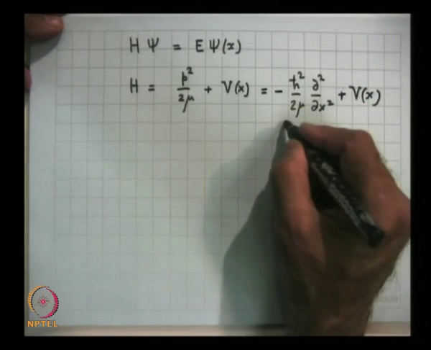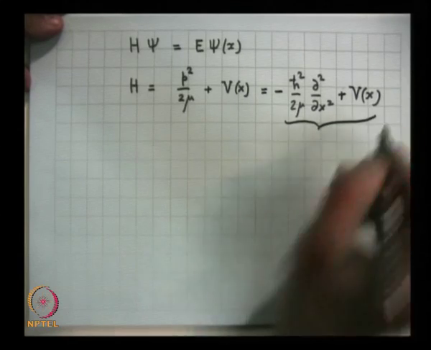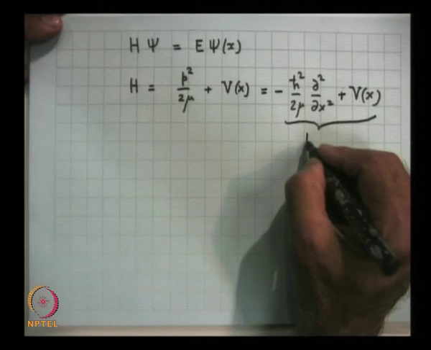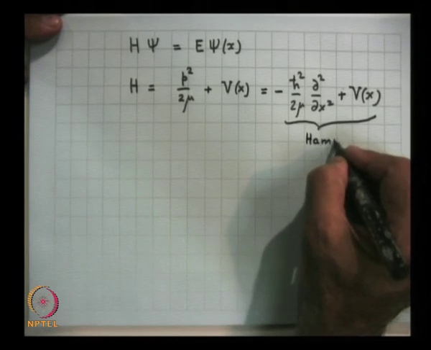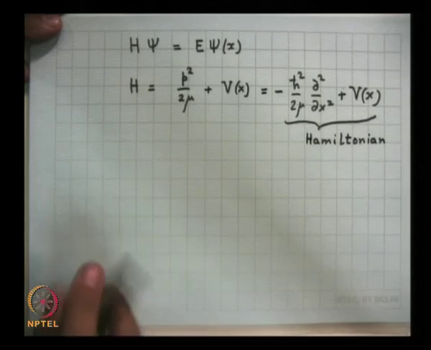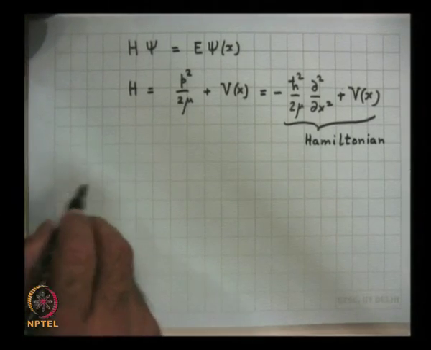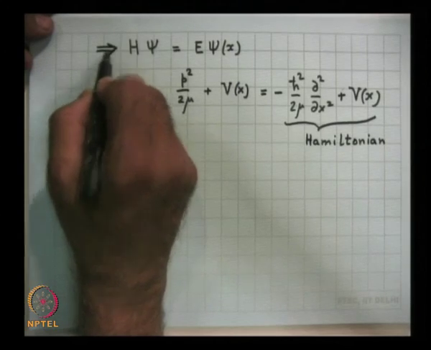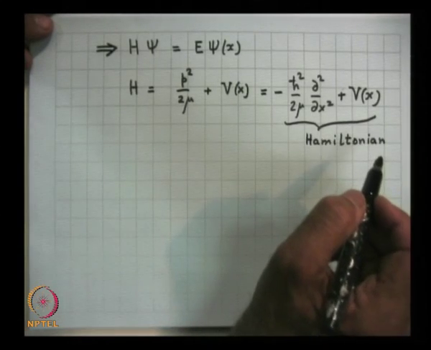This operator representation for the total energy is known as the Hamiltonian of the system. So, the time independent Schrodinger equation is usually written as an eigenvalue equation.